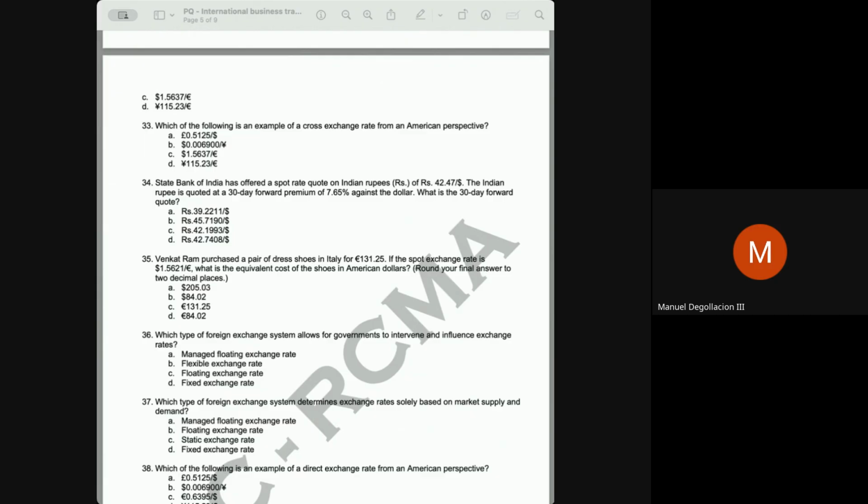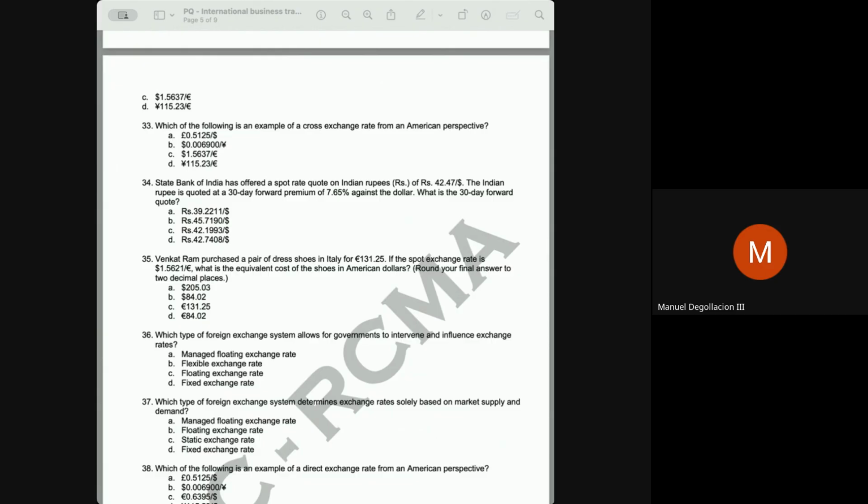So instead of 42.47, you multiply 42.47 by 100% plus the equivalent rate we've computed earlier of 0.006375. So you multiply 42.47 with 1.006375.